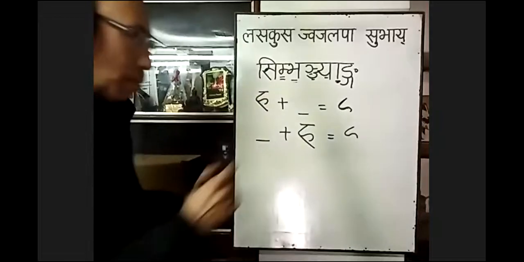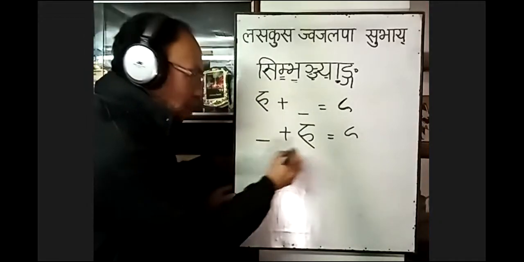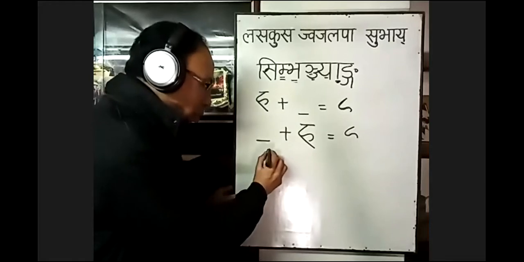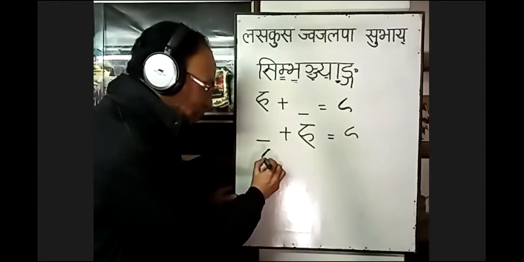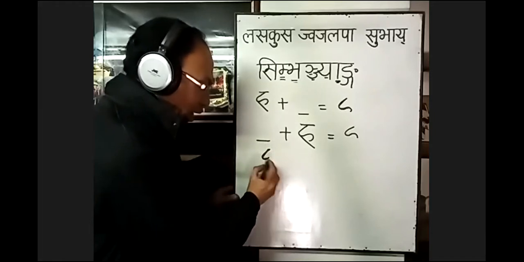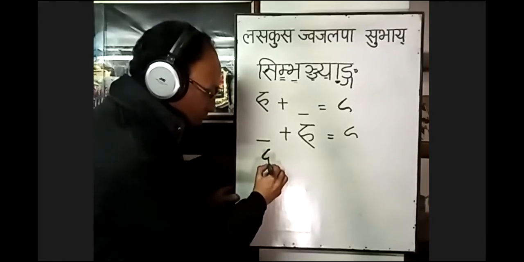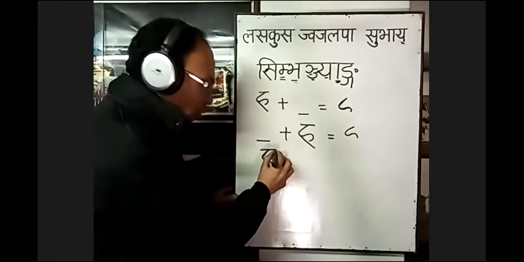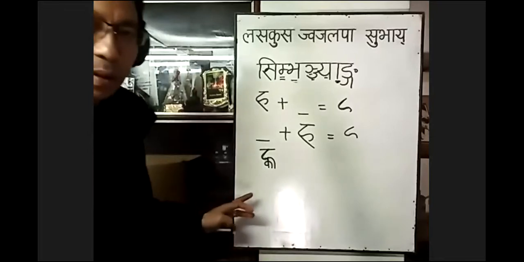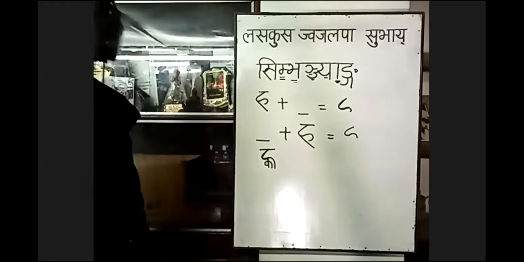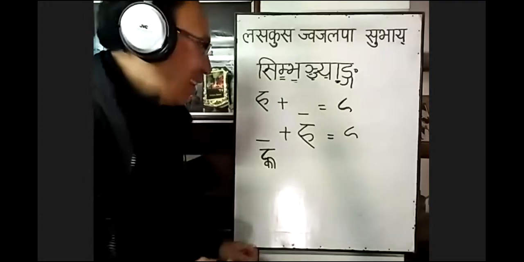And if ko is added to ha, or ha is added to ko, I don't know whether this sound exists or not. How do you pronounce this? I don't think it is pronounced as ko.